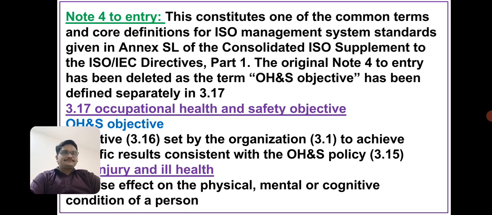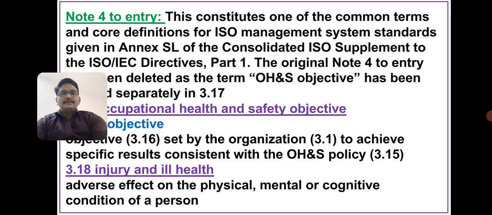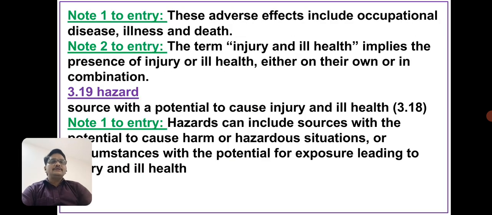Next is injury and ill health. An adverse effect on the physical, mental and cognitive condition of a person is known as injury and ill health. Hazard: a source with a potential to cause injury and ill health. Hazards can include sources with the potential to cause harm or hazardous situations, or circumstances with a potential for exposure leading to injury and ill health.